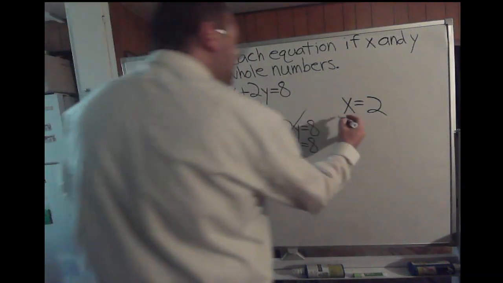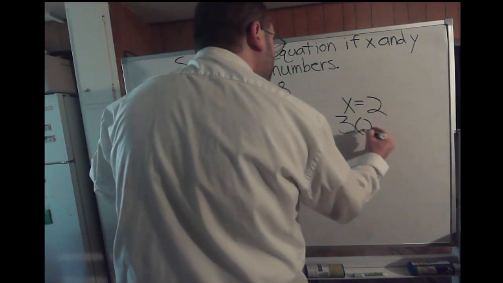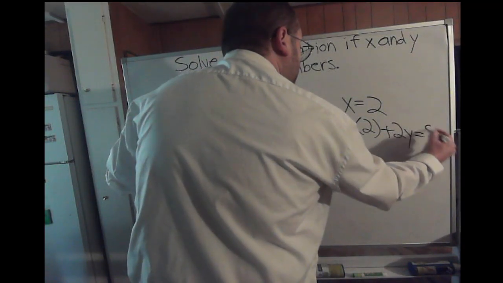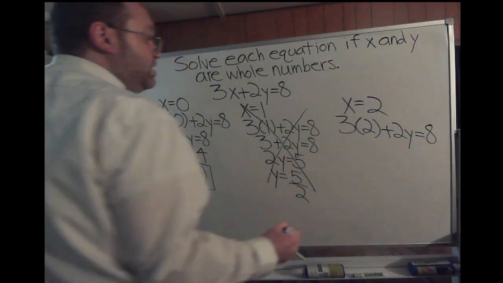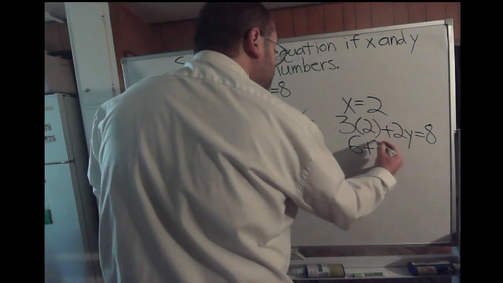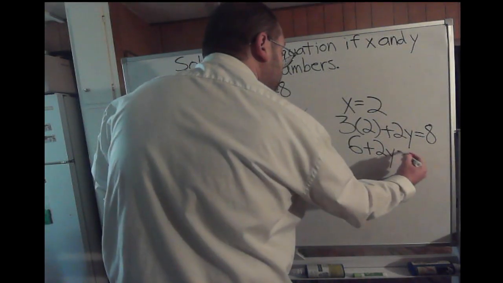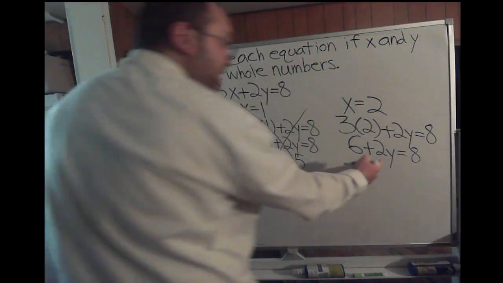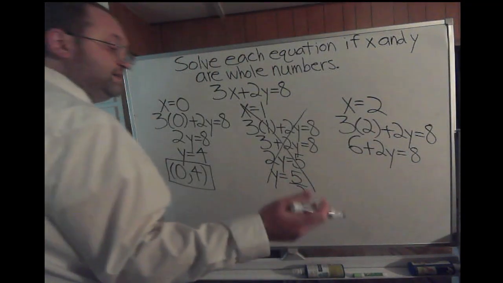You'll take 3 times your x value of 2, plus your 2y, set that equal to 8. Well, 3 times 2, that's 6. So now you have 6 plus 2y is equal to 8. Well, we want to just get 2y by itself, right? So we got to subtract 6 from both sides.